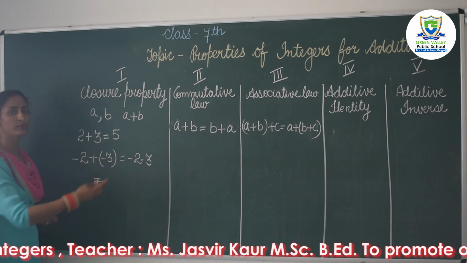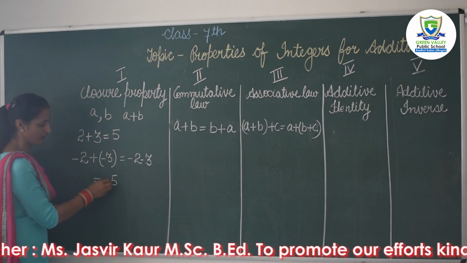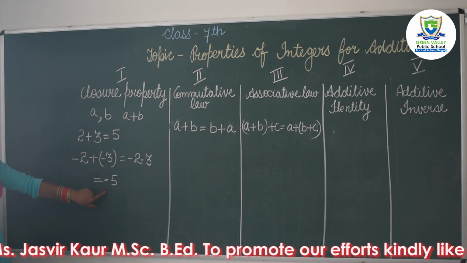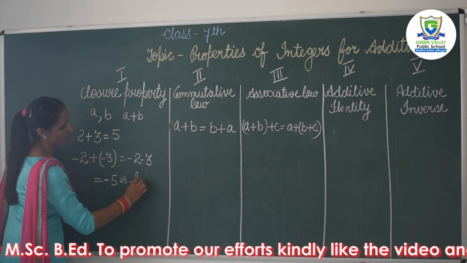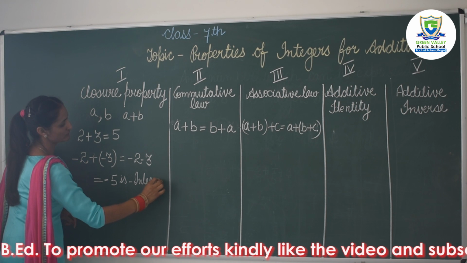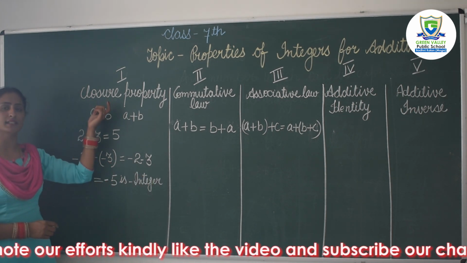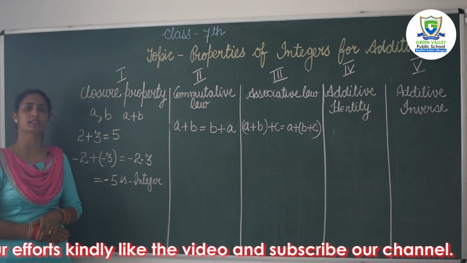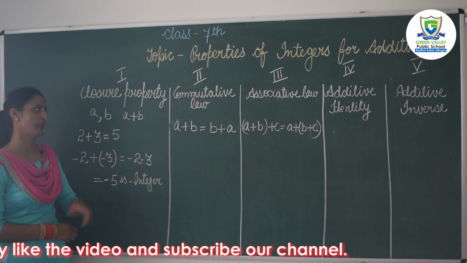Now both the numbers are negative, so minus minus plus, and the sign will remain negative, and the answer is also an integer. -5 is also an integer. So students, this property holds for integers, that is closure property. That means the sum of two integers is also an integer.